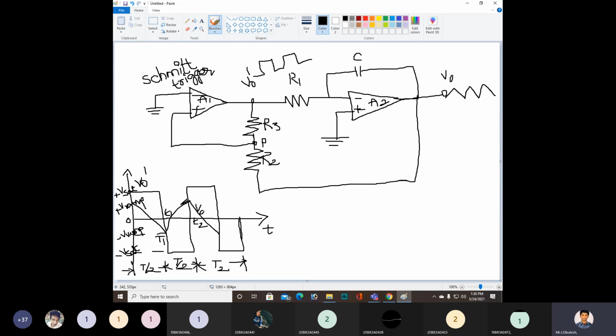At time T2, what is going on in the expected waveform?